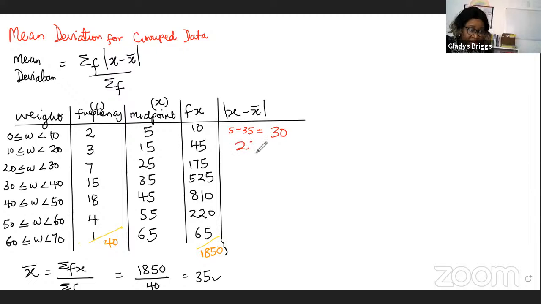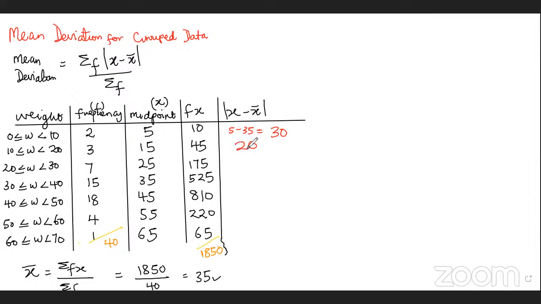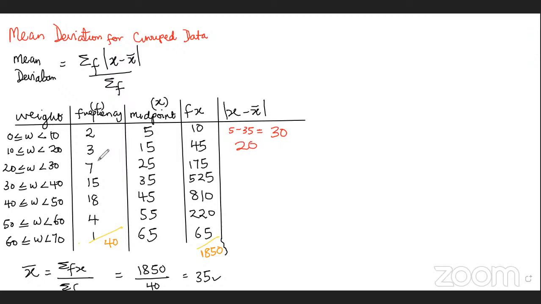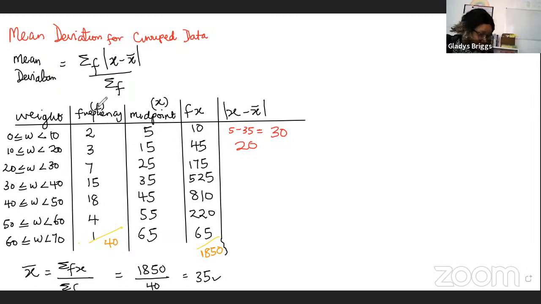Sorry, miss, but the F is not equal to 40, it's equal to 50. Is it 60? 50. Plus 3 is 5.